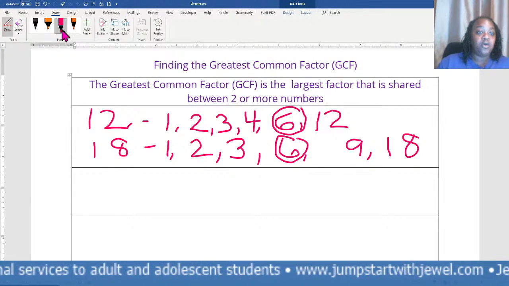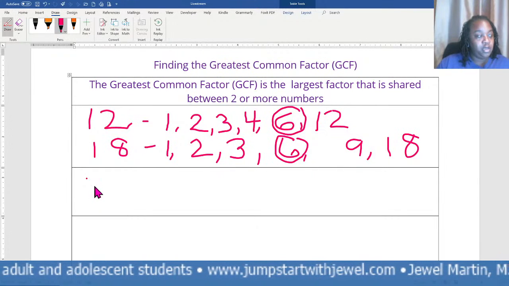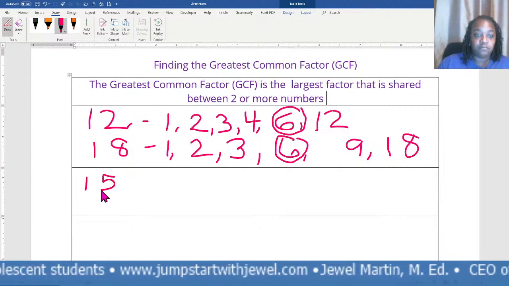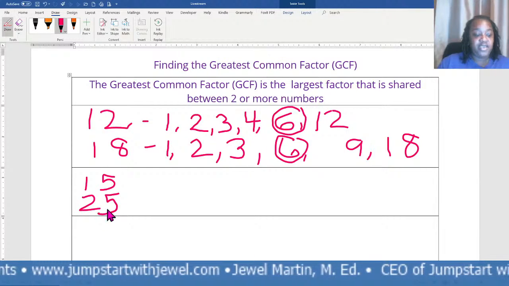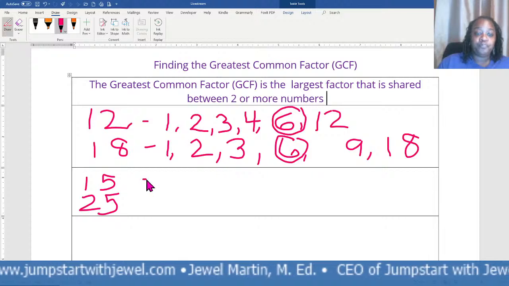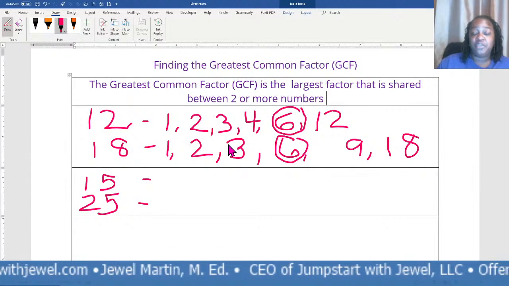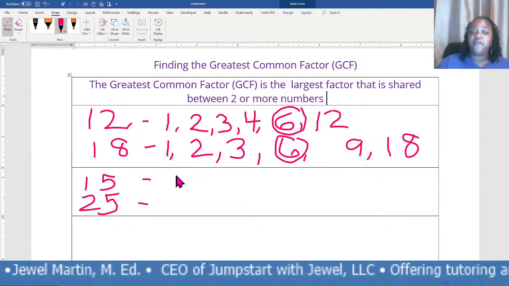Okay, so the next numbers, let's do 15 and 25. If you're not sure of your multiplication facts, make sure you just list the factors out. So think about 15.